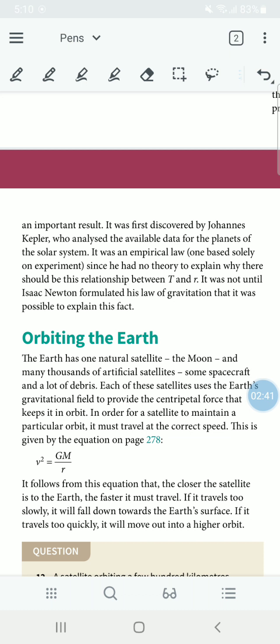So Johannes Kepler is not only important in the aspect of discovering planets, but he was also one of the pioneers in establishing that gravitation existed.